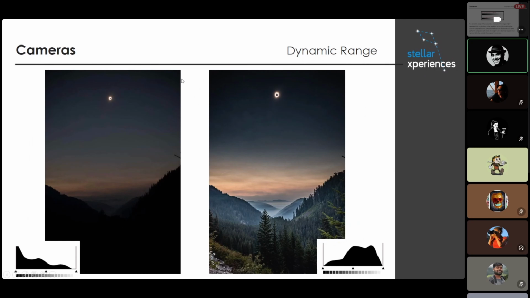For instance, we are looking at a solar eclipse here. Let's have a look at this photo first and look at the histogram. As you can see, again, we have the darks here and we have shadows and we have the bright parts.